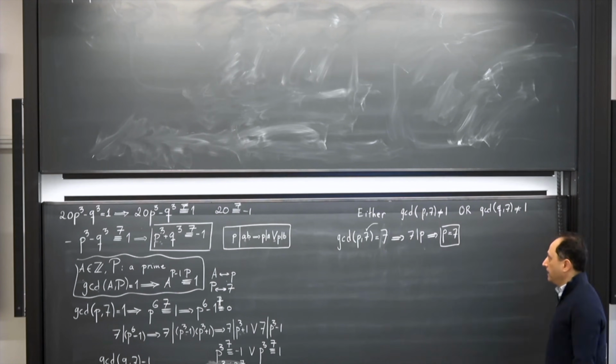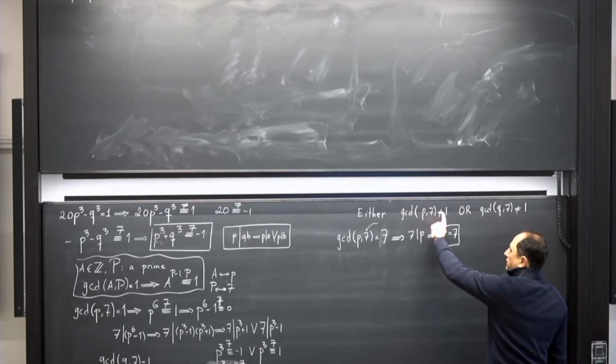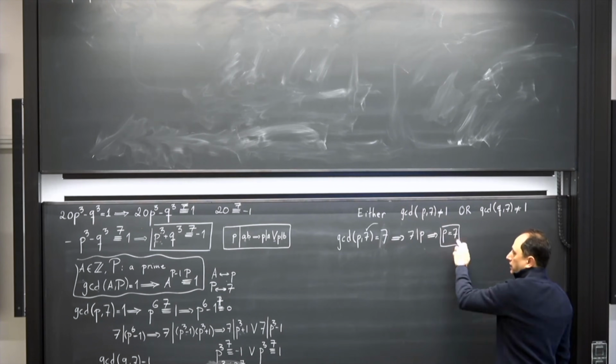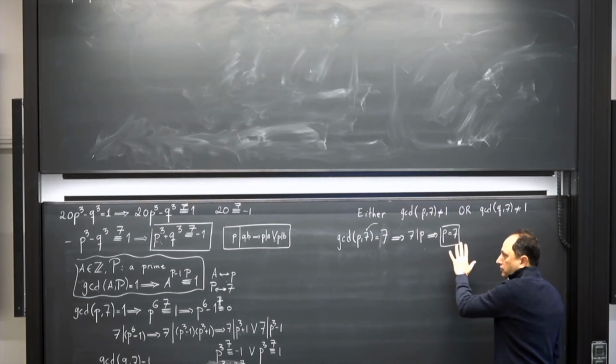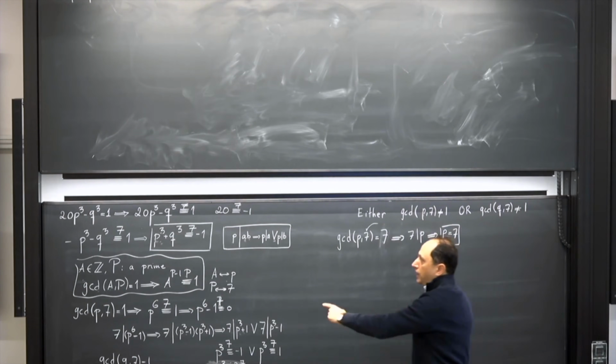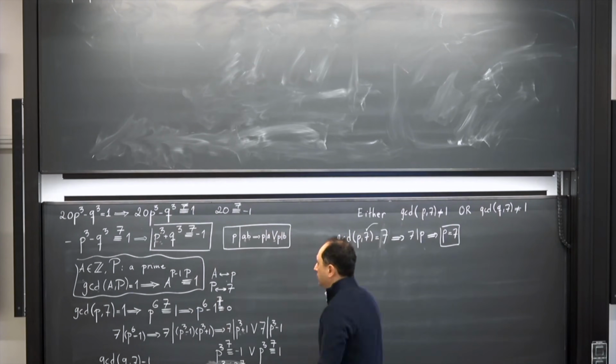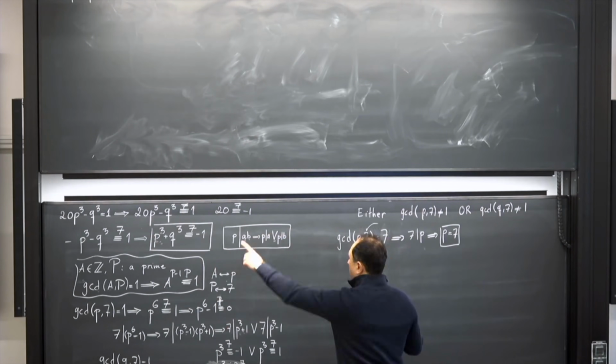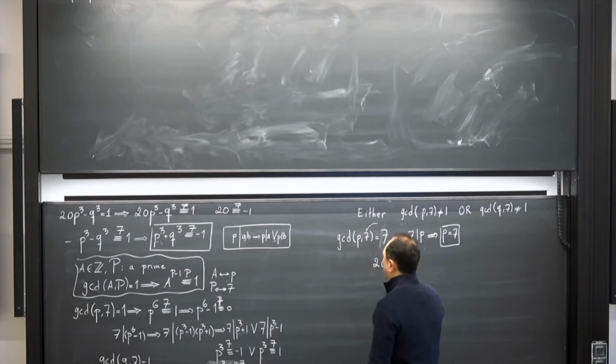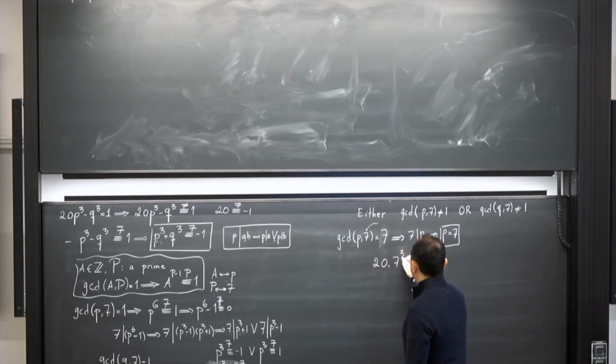Okay? So this condition that this one is not equal to 1, if p is a prime, automatically means that p is 7. And by the way, is this acceptable or not? I don't know. I have to go back and put it in my equation to see if I can find q. So if p is 7, I put it there, so it becomes 20 times 7 to power 3 minus q to power 3 is equal to 1.